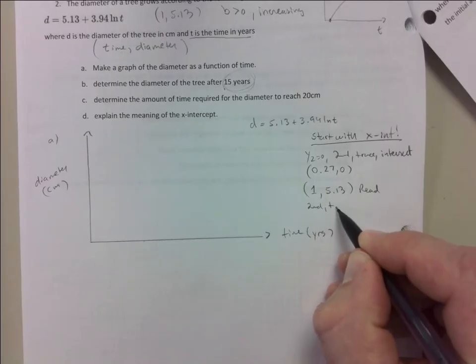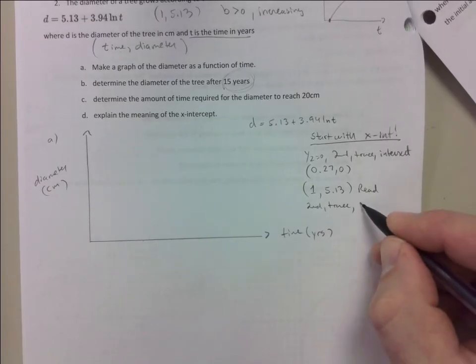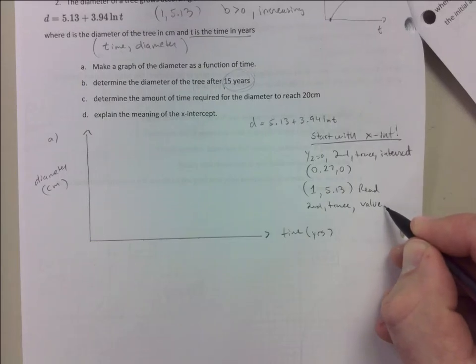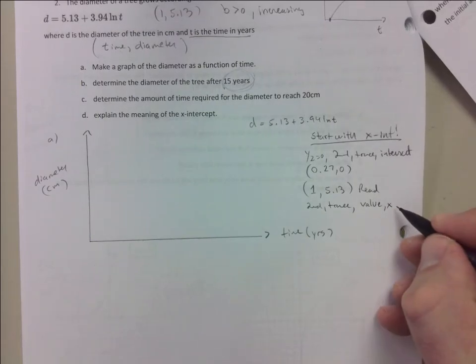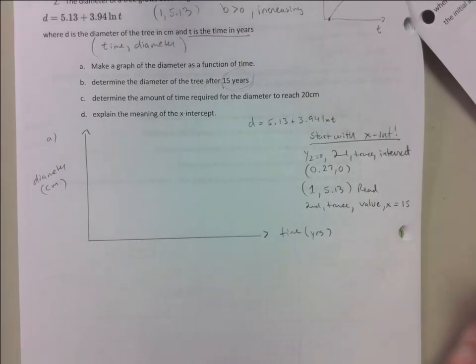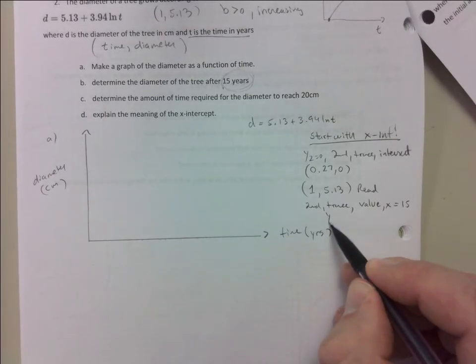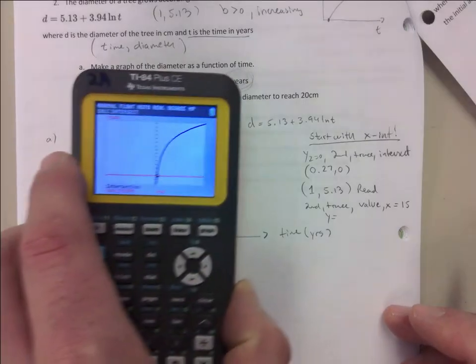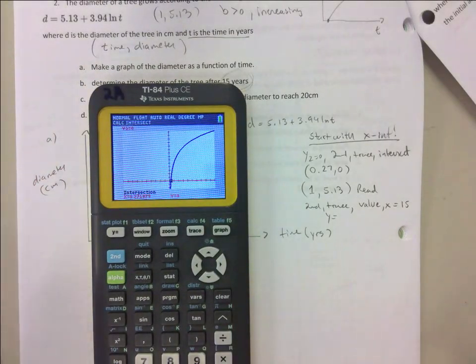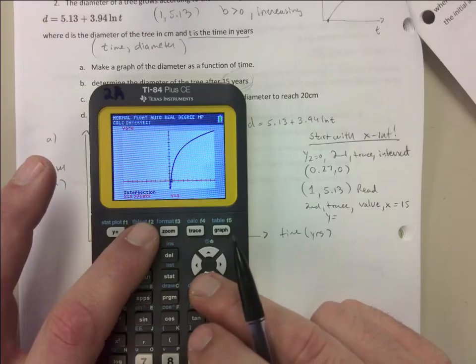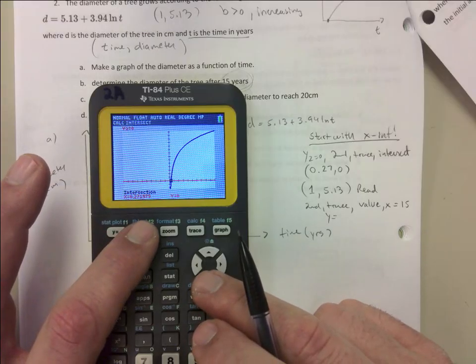Second, trace, value. Let's figure out what the diameter is when x is equal to 15. I most likely will have to increase my window a little bit. I'm going to check my window.